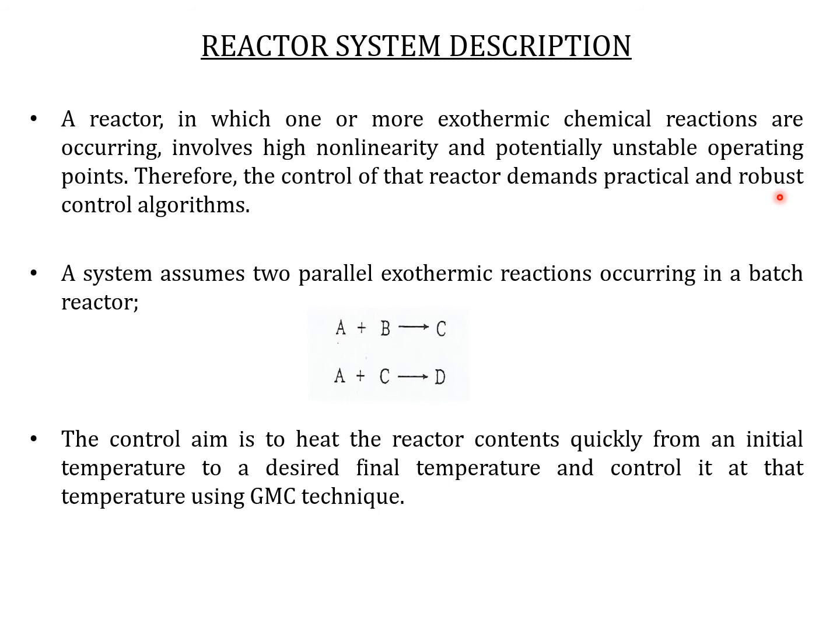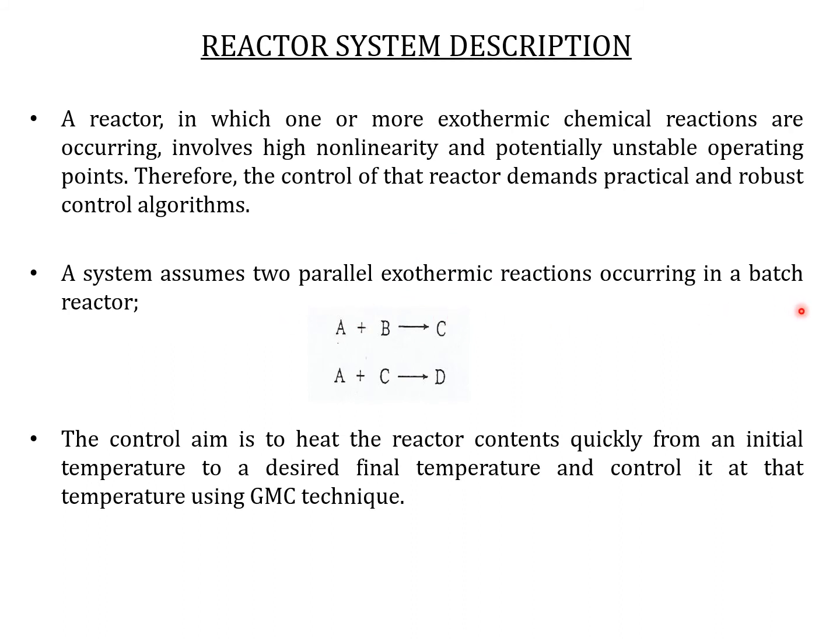Robust can be used for uncertain parameters, for nonlinear systems, a wide range of operating, and that needs a practical one, and that cannot be handled by the conventional linear methods like PI, PID. So we need to go into advanced control, and one of them that is clear and straightforward is this GMC control method. And we have a system with two parallel exothermic reactions in a batch reactor, especially.